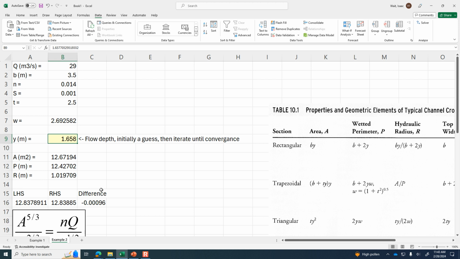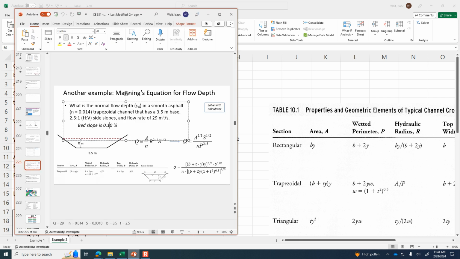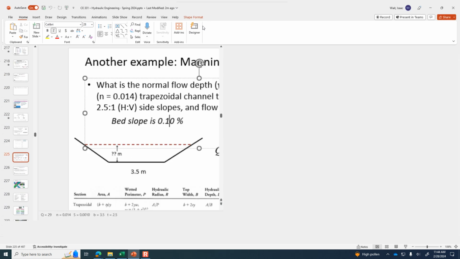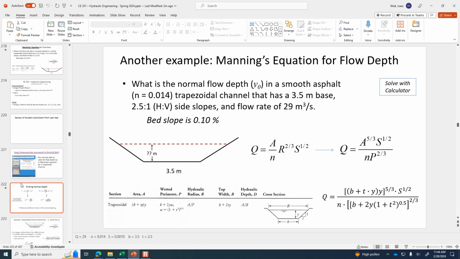It won't always be the depth that is the unknown. For instance, I might ask what's the maximum roughness that could be tolerated in order to achieve a certain flow rate. So N could be the unknown in a problem like this. But here we got 1.66 as the flow depth. So, all right, that is normal depth in a trapezoidal channel.